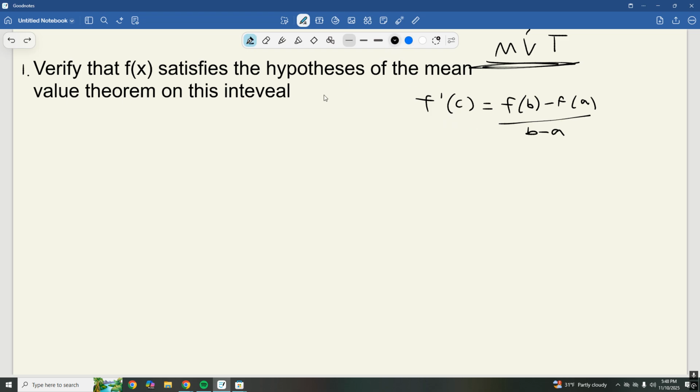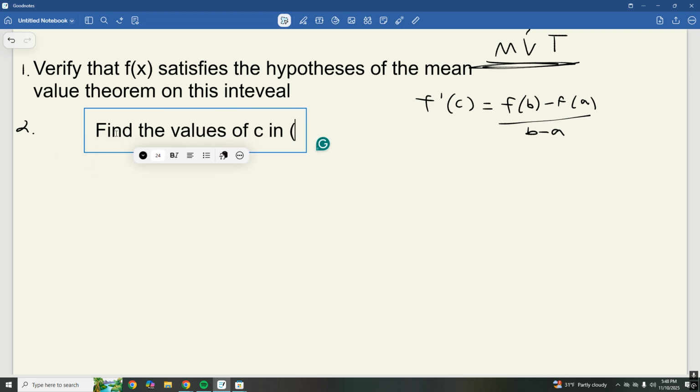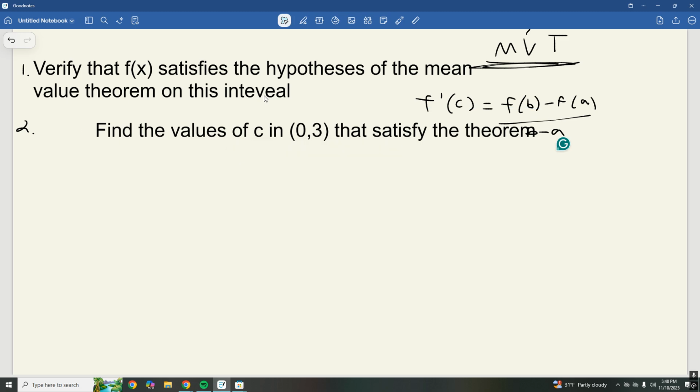The second part of this question is going to be asking to find the values of c in (0, 3) that satisfy the theorem. Again, verify that the theorem works.